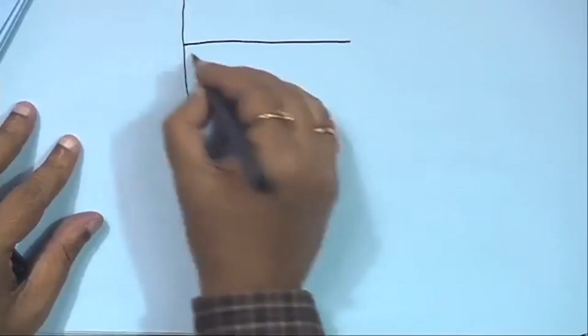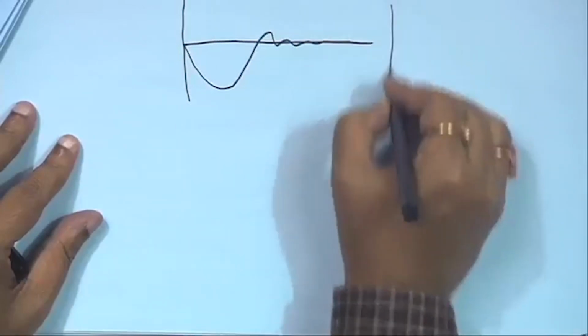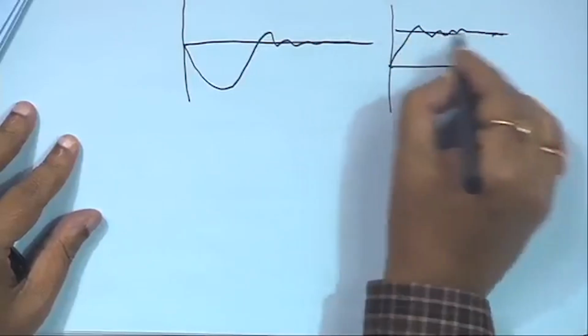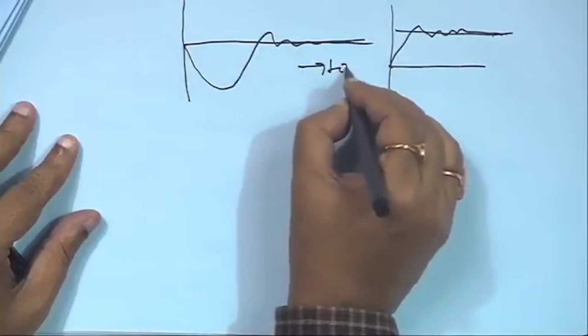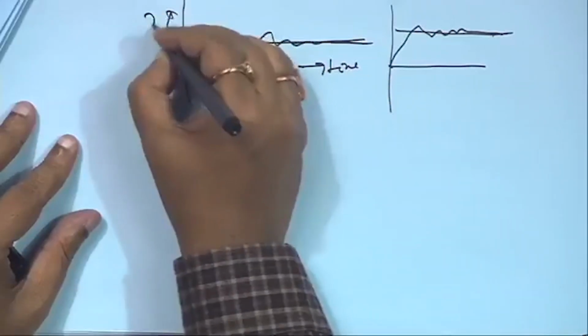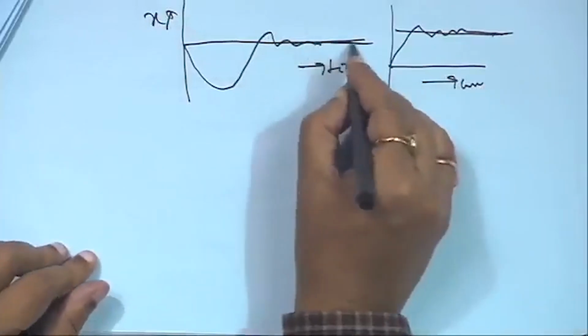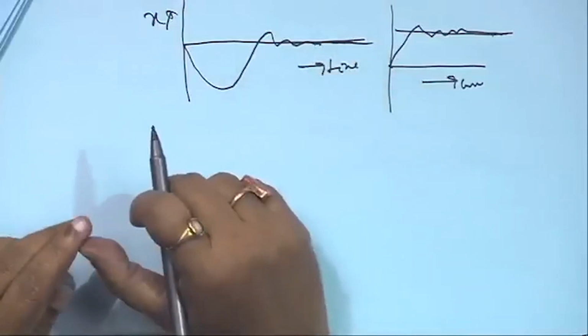For example, say this is your time and this is your state variable x. When it reaches the steady state, there is no change between the current value and the previous value, so the difference you take will be 0.